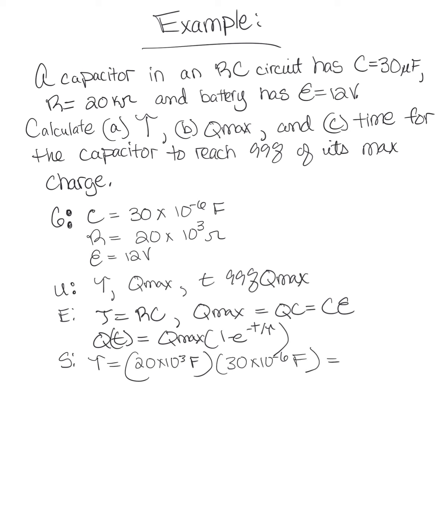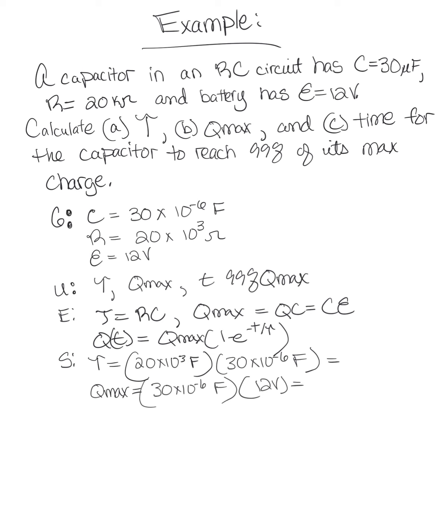And then we know that Q max equals, in this case, we don't know the charge. If we did know the charge, we could put that in, but we don't. So we're just going to say capacitance times EMF. So we have Q max equals capacitance, which is 30 times 10 to the minus 6 farads, times EMF, which we know is 12 volts.